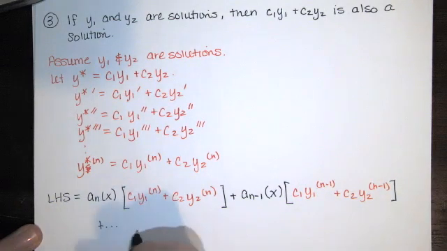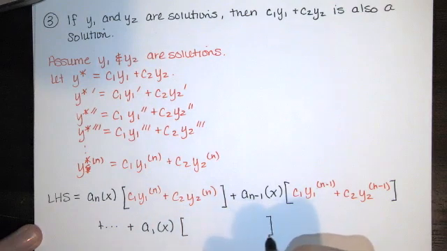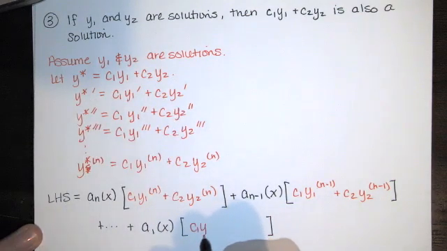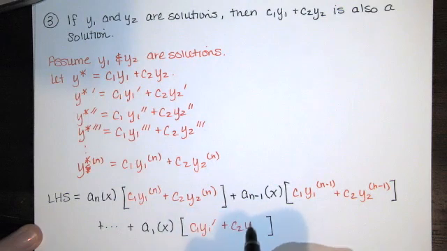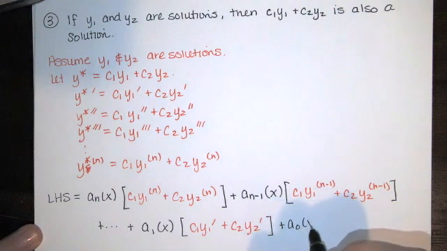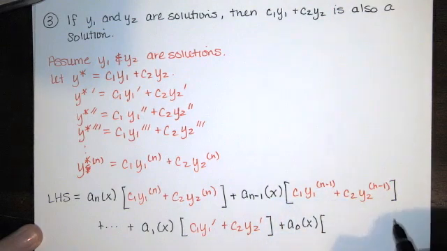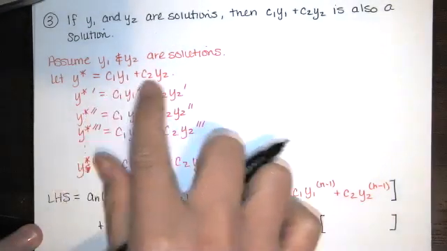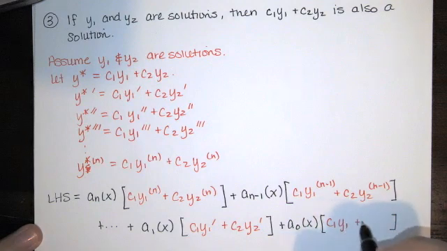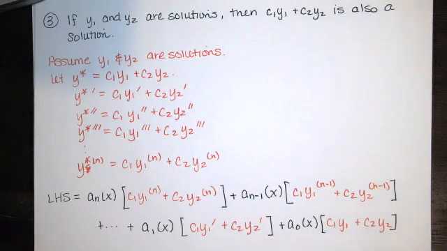And you're going to keep going until eventually you've got a sub 1 of x times the first derivative of y, so you have c1 y1 prime plus c2 y2 prime, plus a sub 0 of x times y, the assumption that you're making for y, in this case is y star. So we've got c1 y1 here plus c2 y2.